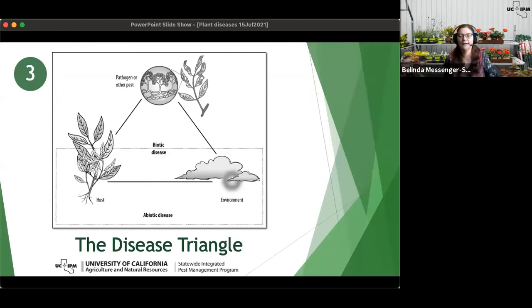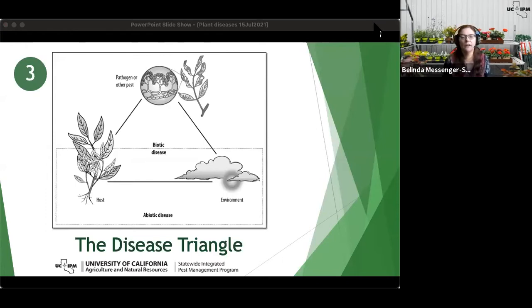Okay, so here's the disease triangle. This is again showing how the plant, the environment, and the pathogen all interact. The bottom one shows the interaction called the abiotic disease, between the host and the environment. The whole triangle incorporates the pathogen also.